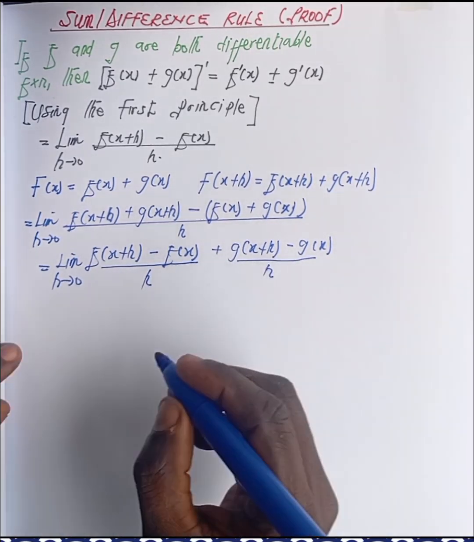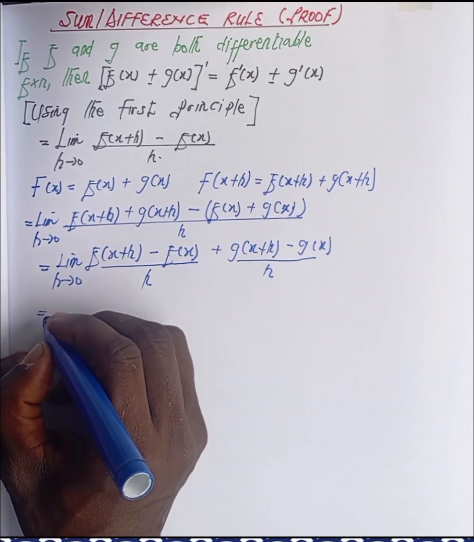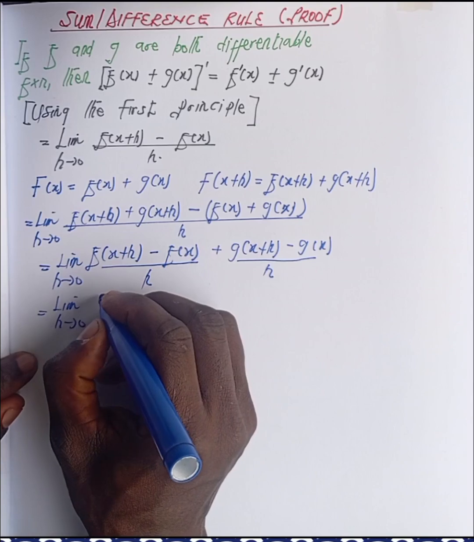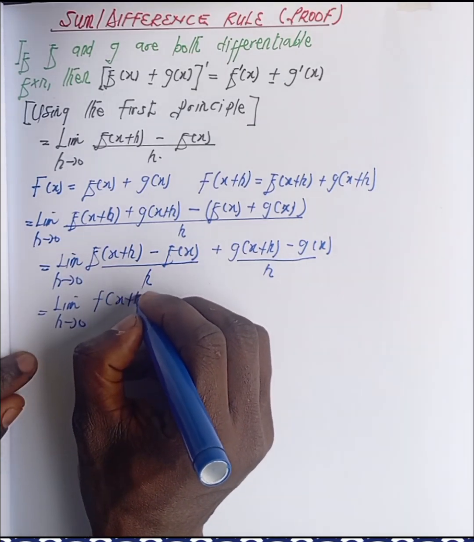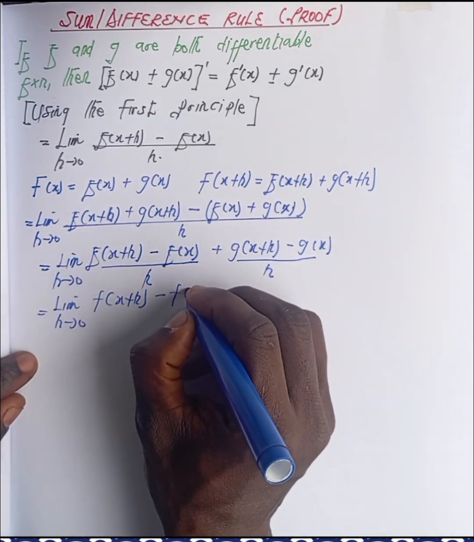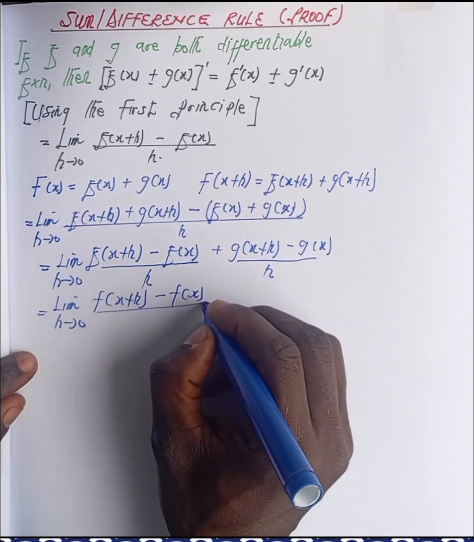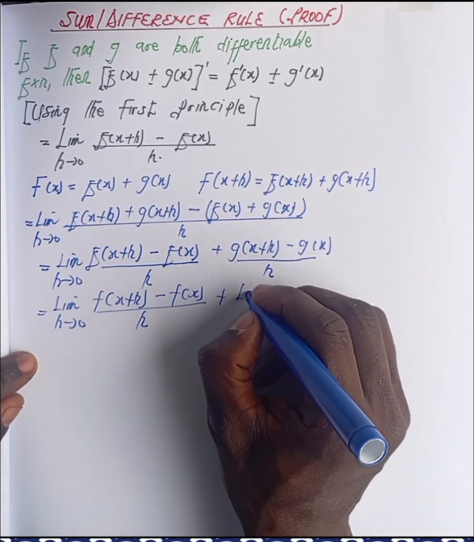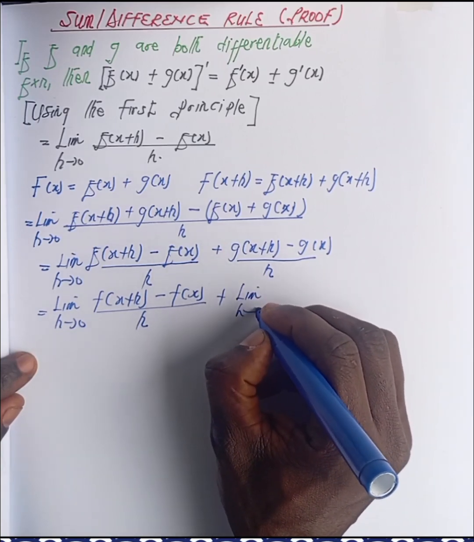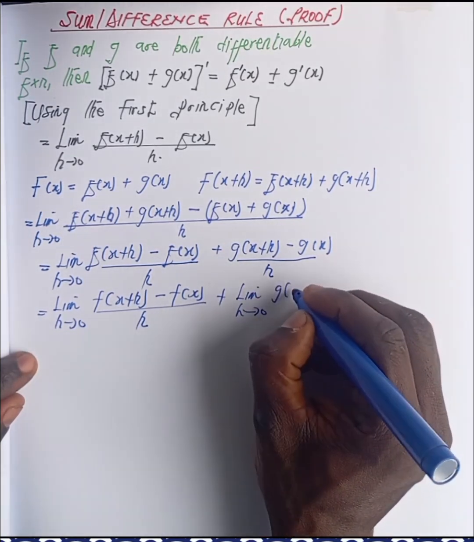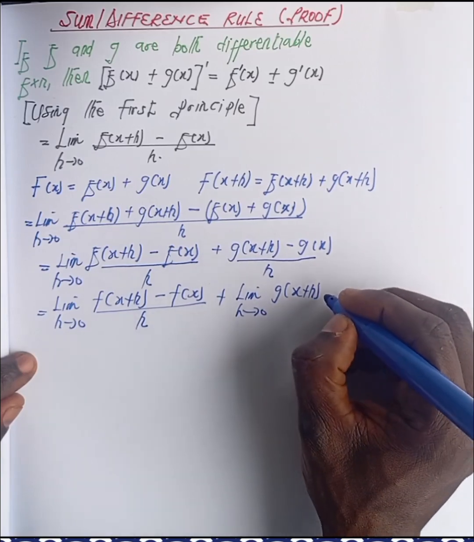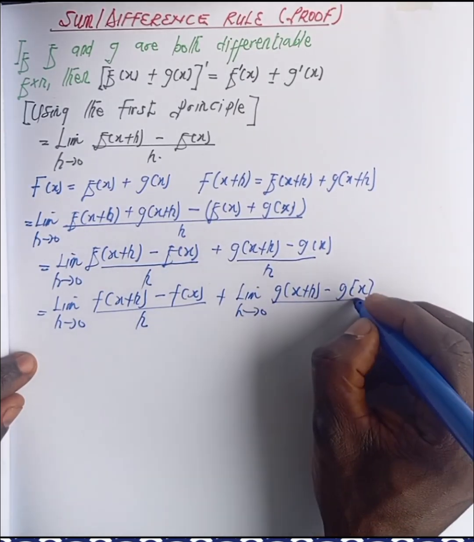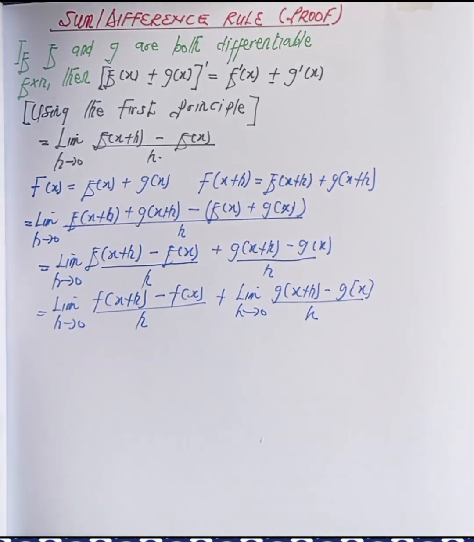Now let's apply the limit on each of them. So we have the limit as h approaches 0 of f at x plus h minus f at x all over h, plus the limit as h approaches 0 of g at x plus h minus g at x all over h.